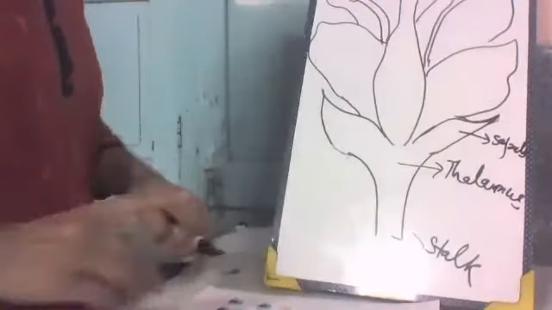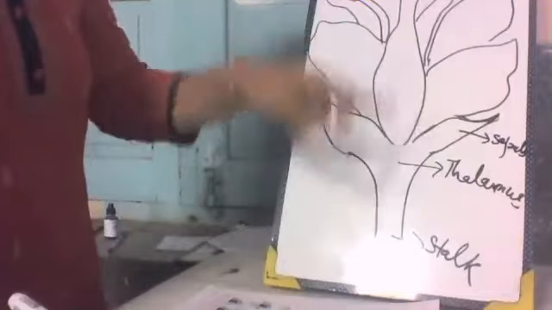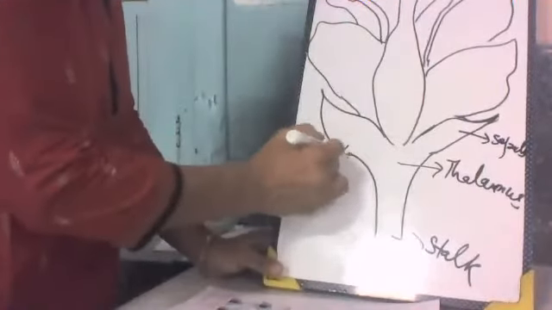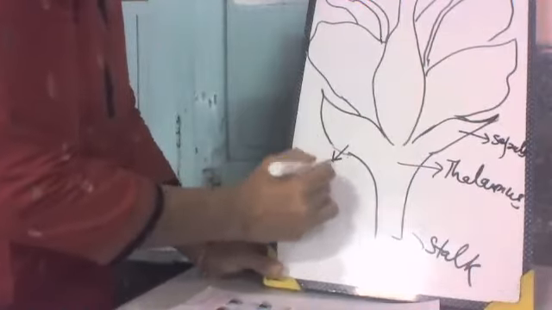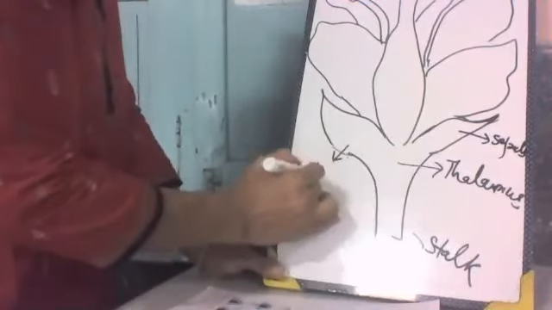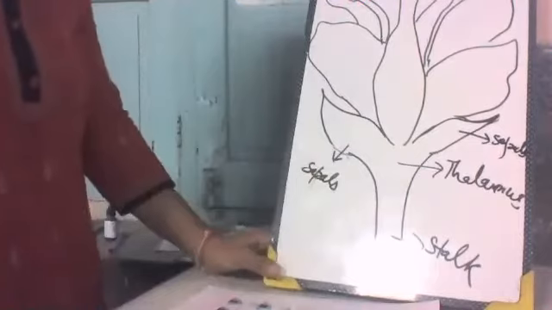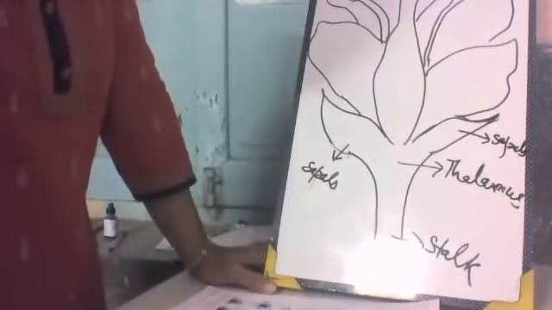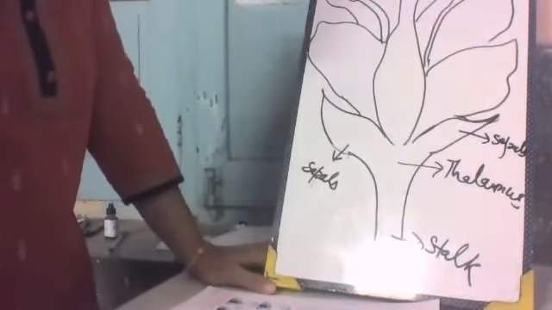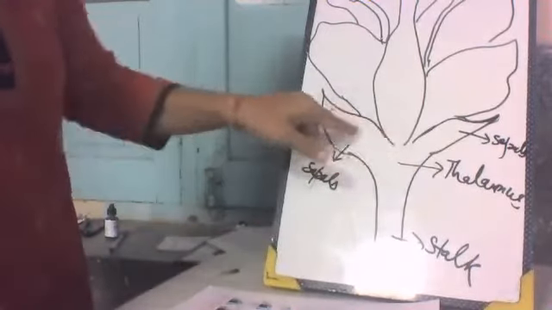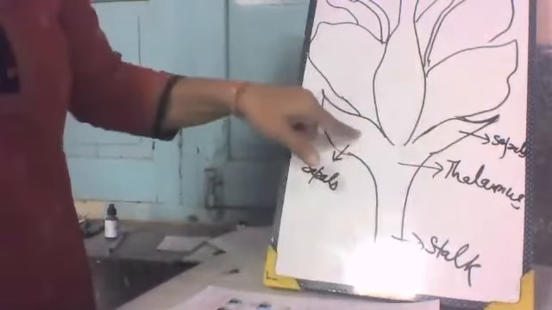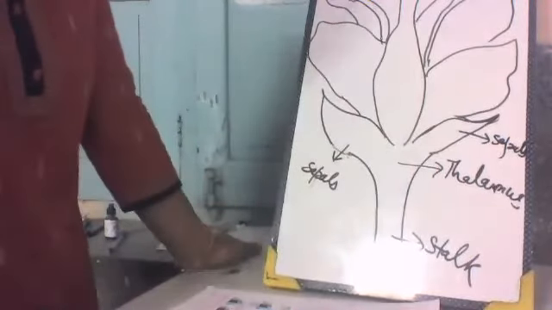The first, outermost whorl of the flower is the sepals. These are green in color. This part of the flower forms a whorl of tiny green leaf-like structures called sepals.